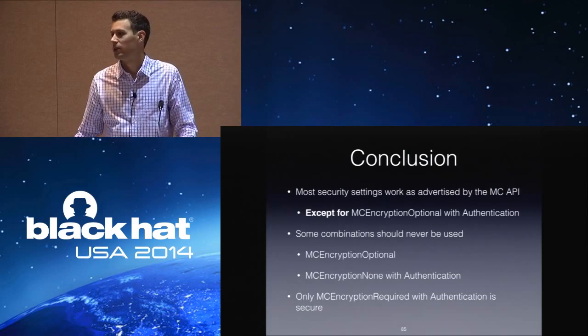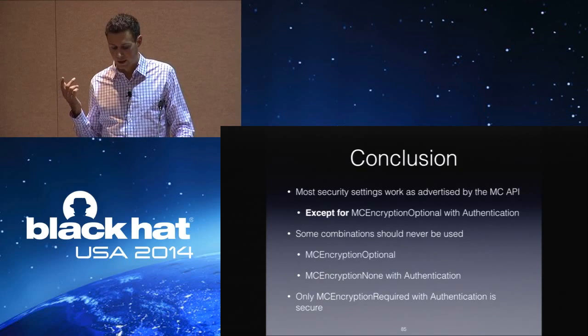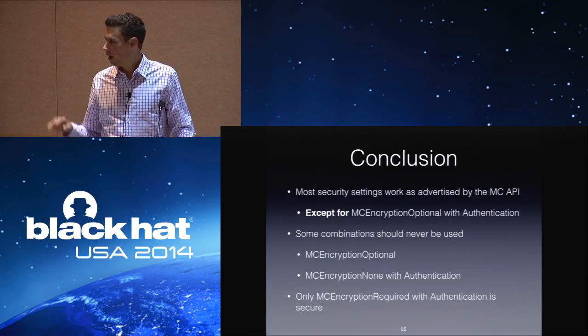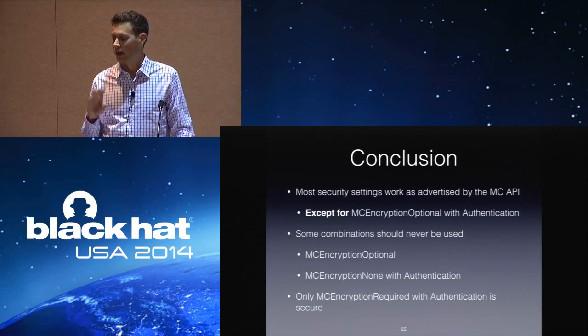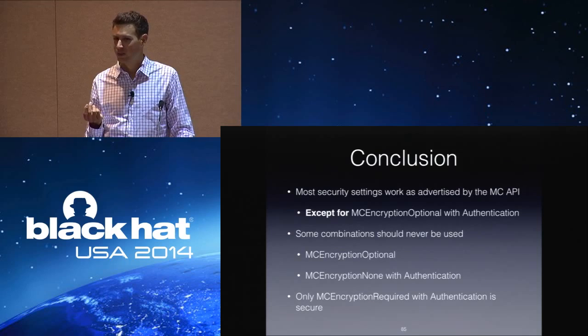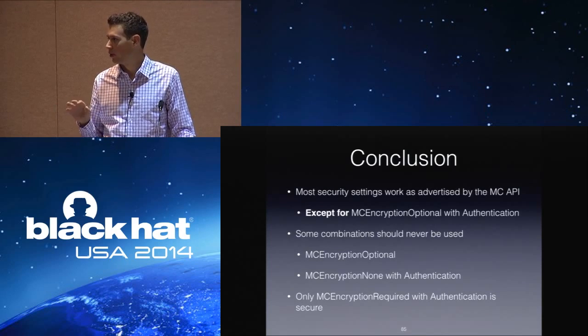And so overall, most of the security settings work as the documentation says, except for the one I just described. And even without this one, there are combinations that, as an app developer, you shouldn't use. Encryption optional, there's no good use case for that, because data is sensitive or not sensitive, but it's not optionally sensitive.